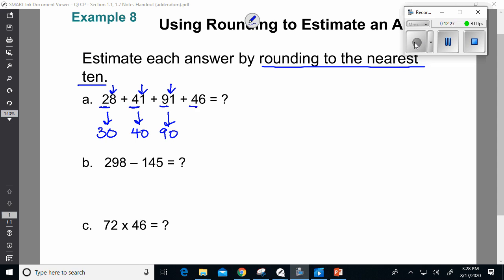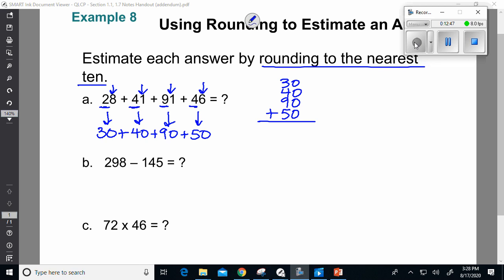And 46 would round up to 50. Those would be the numbers that we would add together. So you have 30, 40, 90, 50.